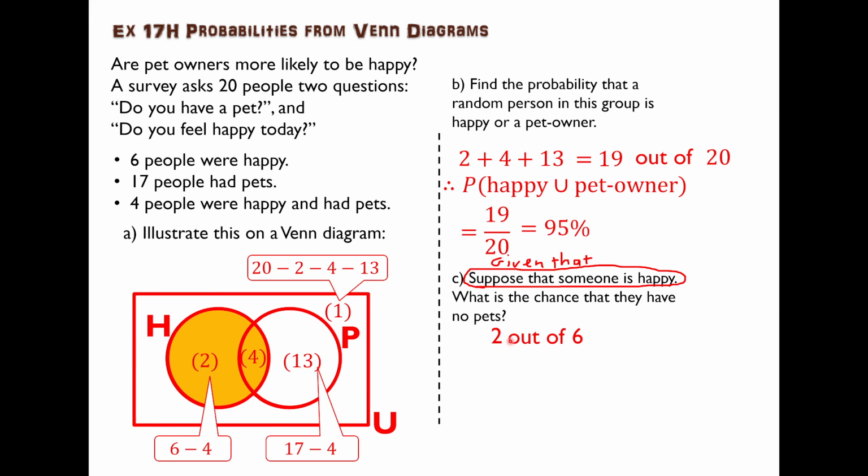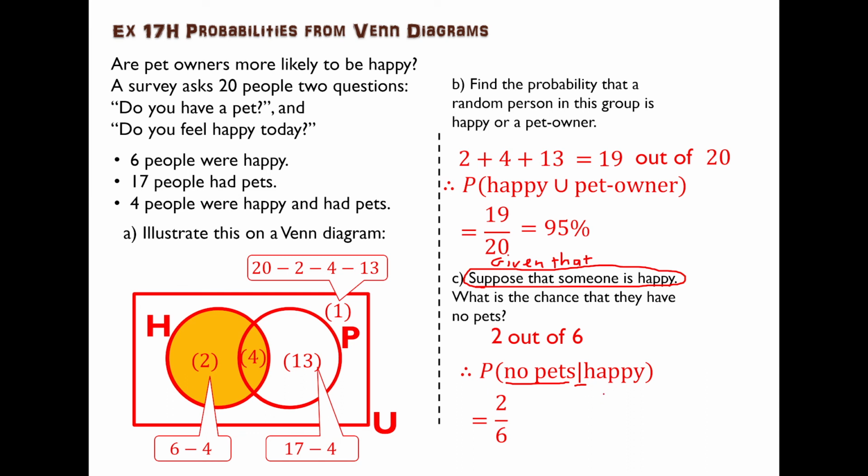So now I've got my probability. There it is in words. I can write this as a fraction, 2 over 6. And the way that I write given that is this is the probability that someone has no pets given that. This vertical line means given that they are happy.